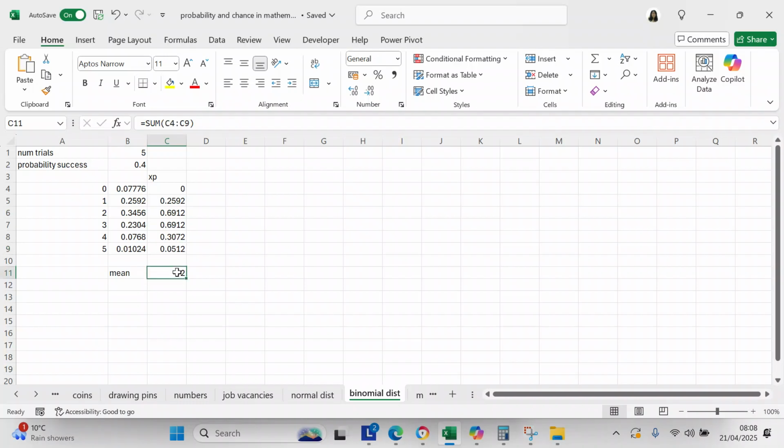And then we sum it, C4 to C9, and so your mean is 2. That was one of the exercises that we did for the binomial distribution, and one of the exercises that he did in Excel. He showed one or two things in Excel and everything else was done by hand.